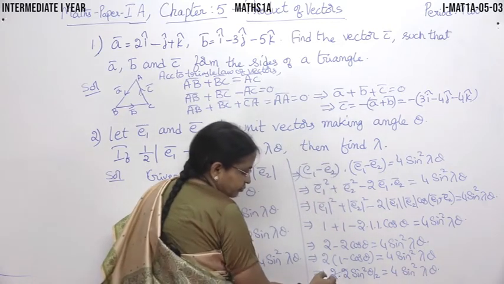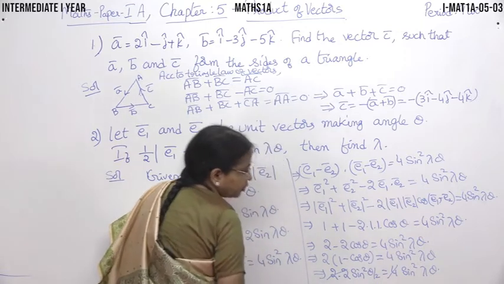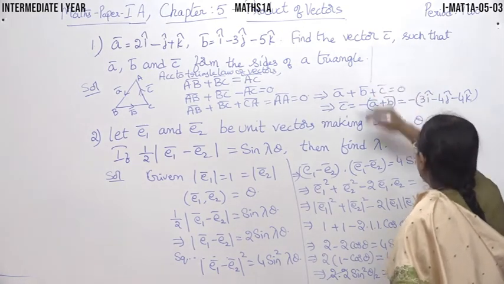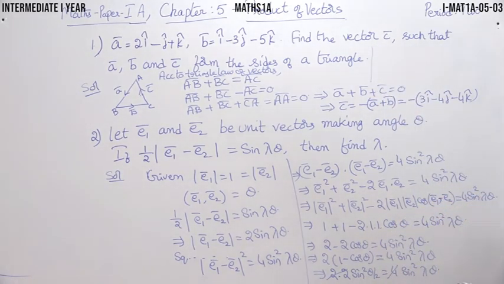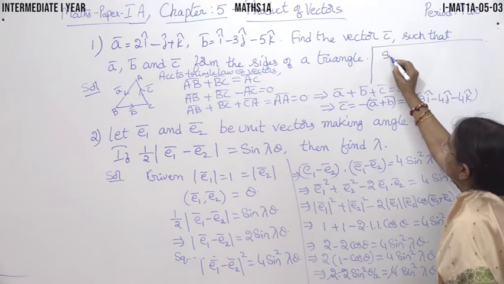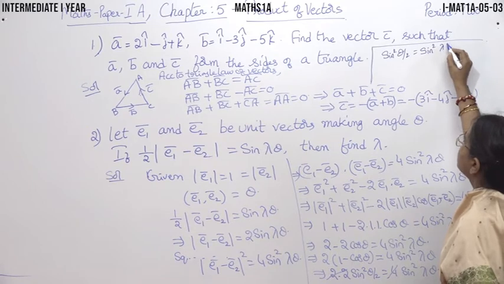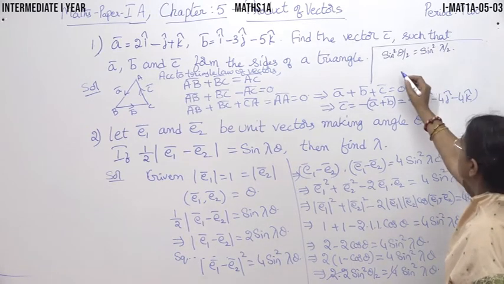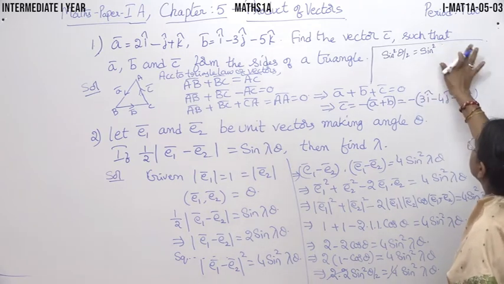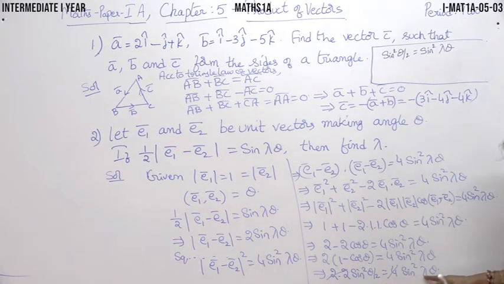So, when you cancel this 4 and 4, you have sine square theta by 2 is equal to sine square of lambda theta.